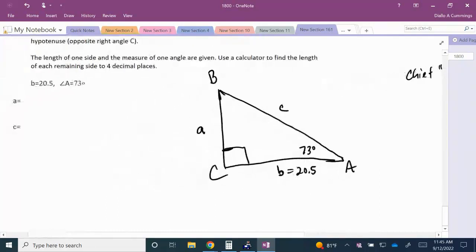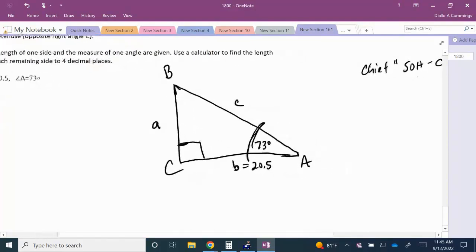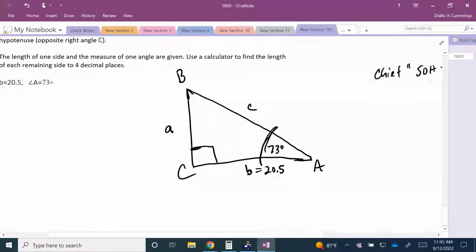Okay, so in this case, I'm going to use A as my reference angle, right? Because I'm given angle A. So that's my reference angle. So now I'm going to label my sides according to the reference angle.